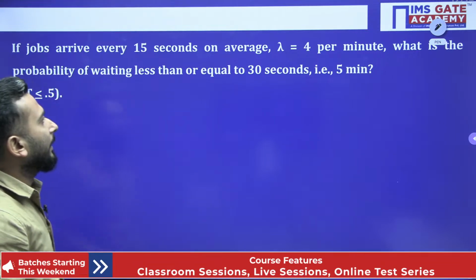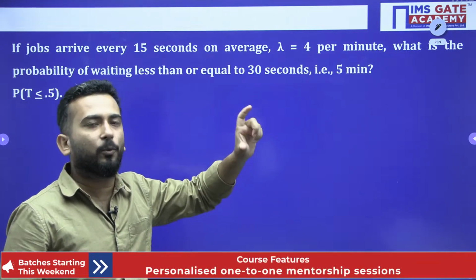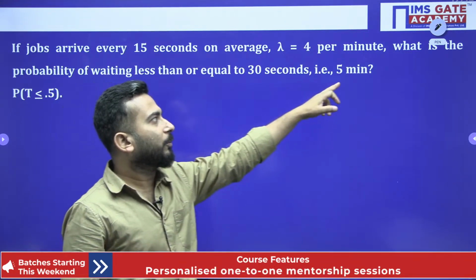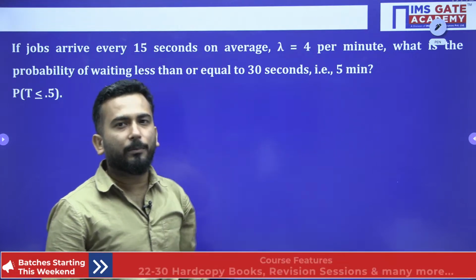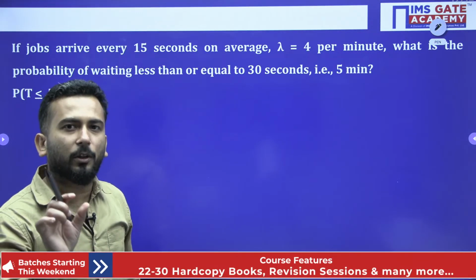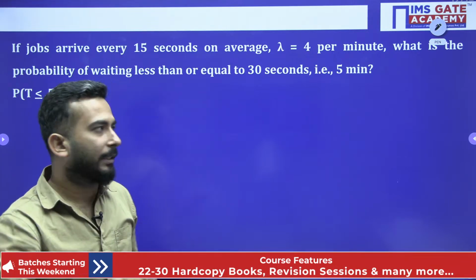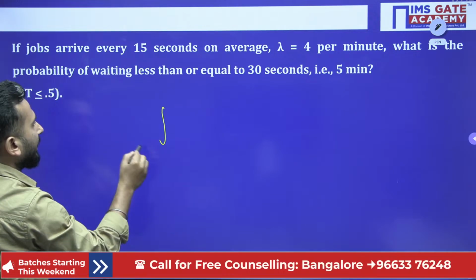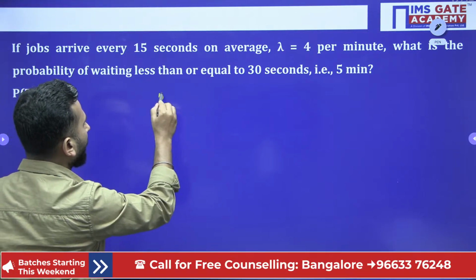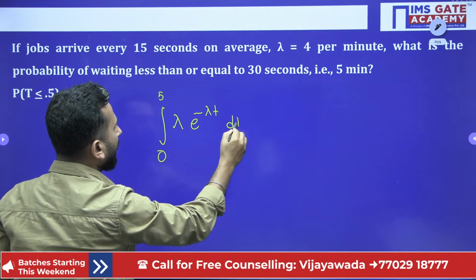So see, if you want to use lambda equal to 4 per minute, you better don't use it in seconds, you can use it in minutes only. Yes or no? See, it's all about the time consistency. Minutes, hours, seconds. Okay? So less than 0.5 minutes means he is asking 0 to 0.5, lambda e to the power minus lambda t dt.